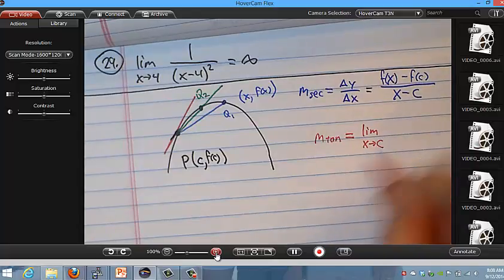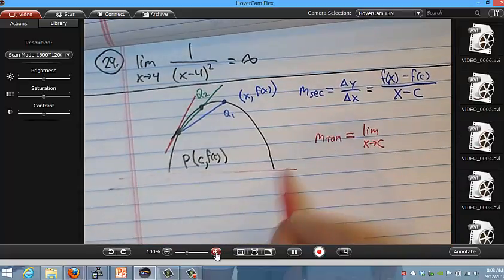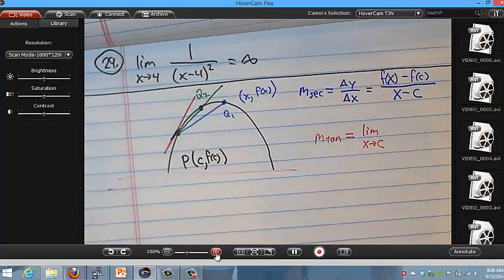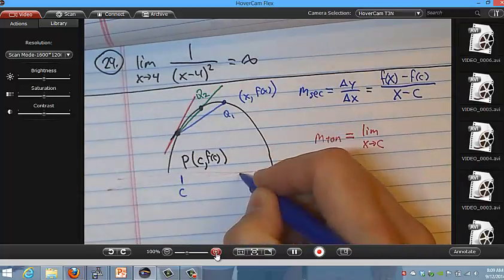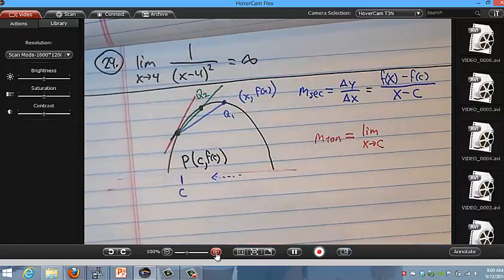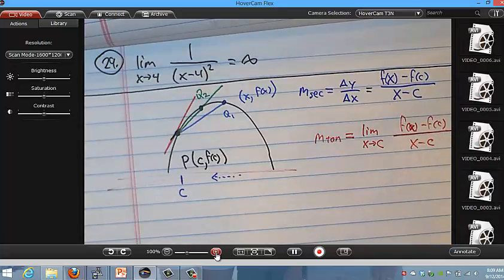C. If you have the x-axis here, somewhere down here, here's C, and the x's are going to be approaching C, and we want to see what happens to this slope. f of x minus f of c over x minus c. You guys with me?